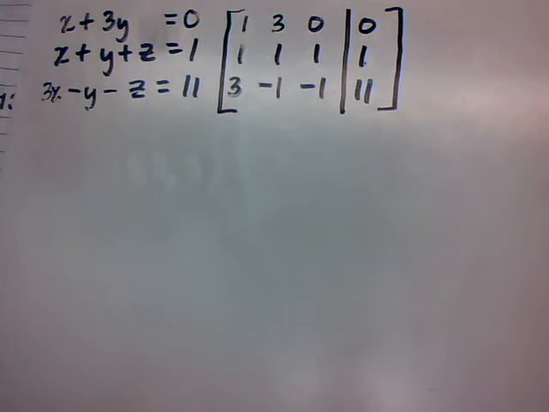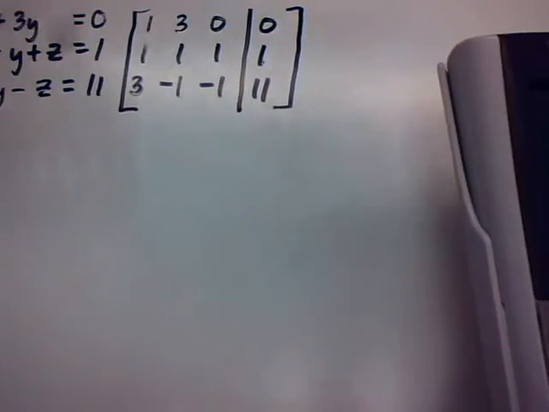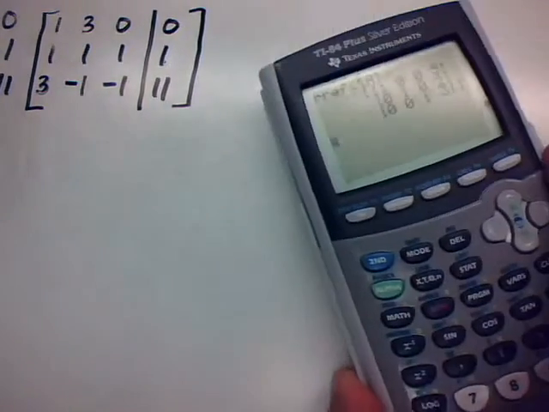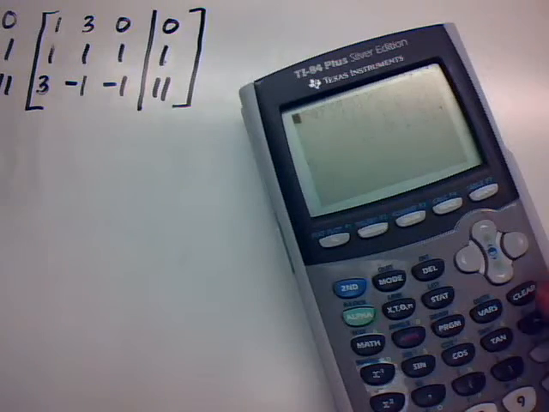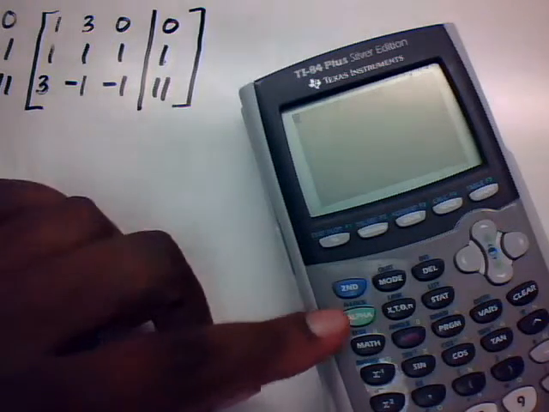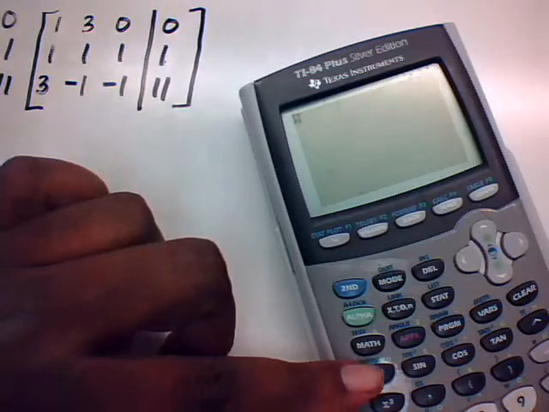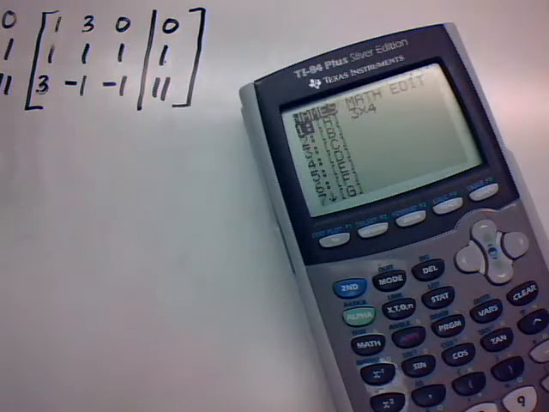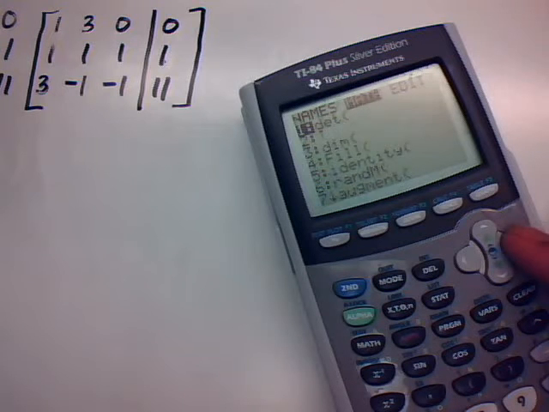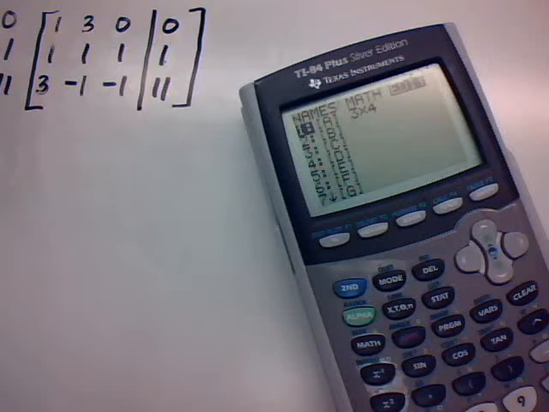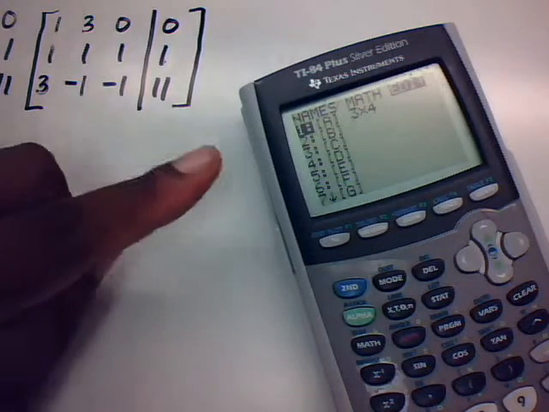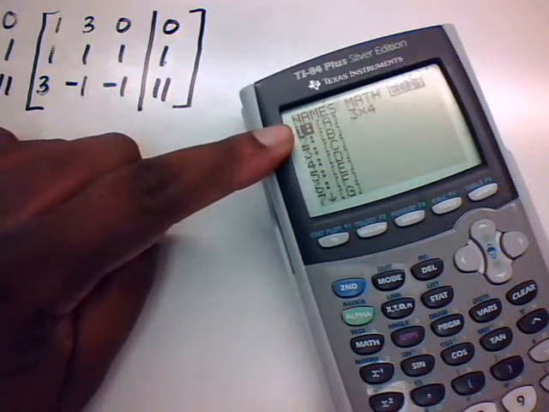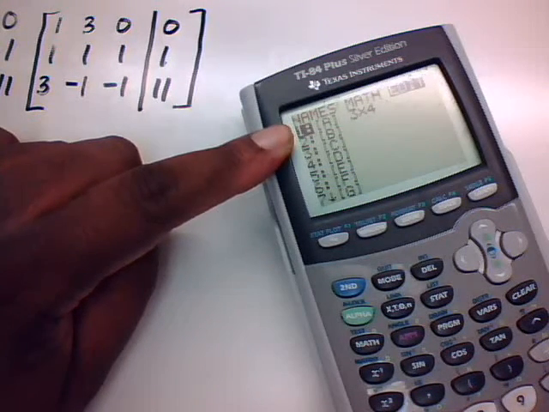Now the next thing I'm going to do here is go ahead and type this into the graphing calculator. So if I clear this, press second x to the negative 1 for the matrix. We're entering a new matrix, so let's go to edit using our right arrow key. What I'm going to do here is go ahead and change matrix A. So I'm going to select number 1.